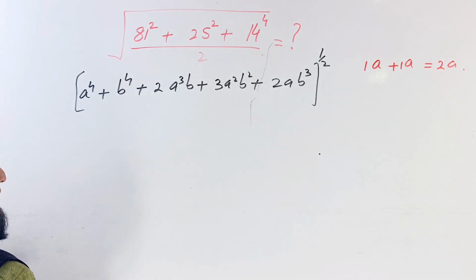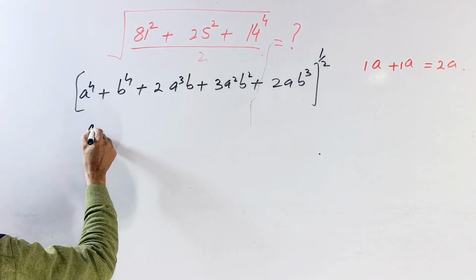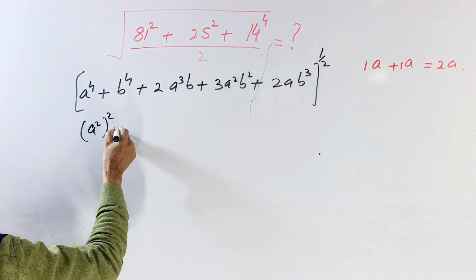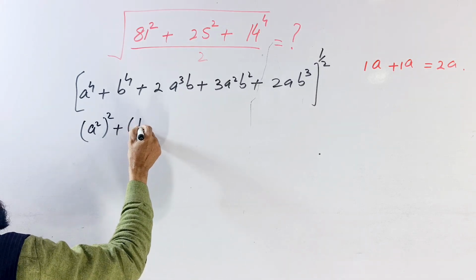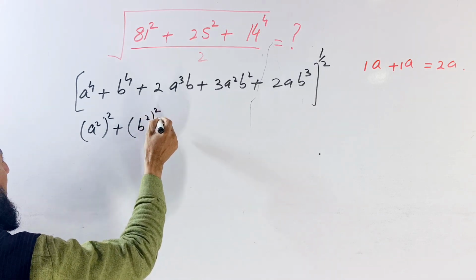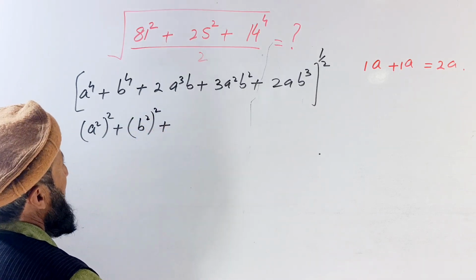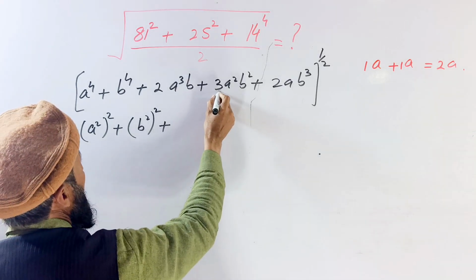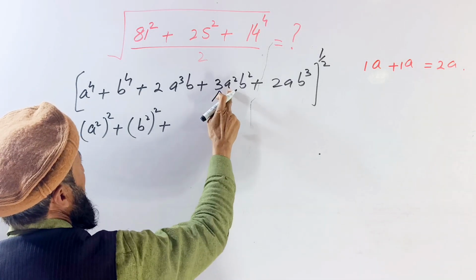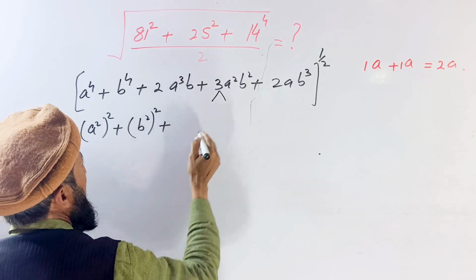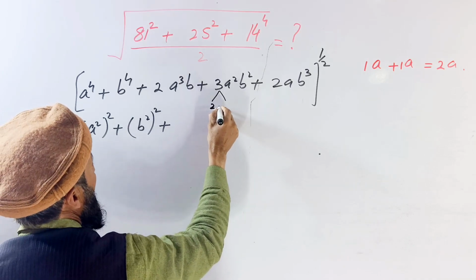Plus b square, according to the formula a square plus b square plus 2ab is required. If we make 2ab from here, because a square b square is available, we can write 2 plus 1.